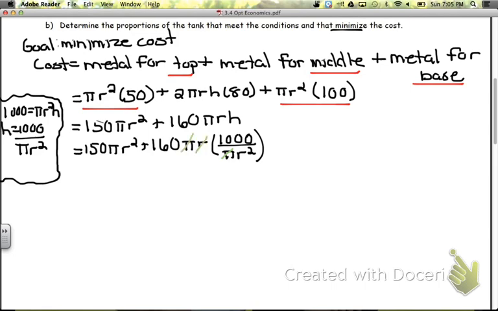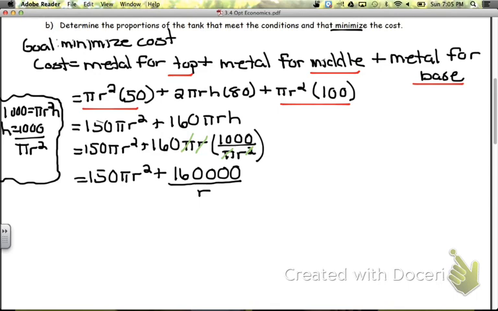We have one r here, we have two, so we're left with one r, one radius, in our denominator there. So our end here is 150 pi r squared plus 160,000 all over r.